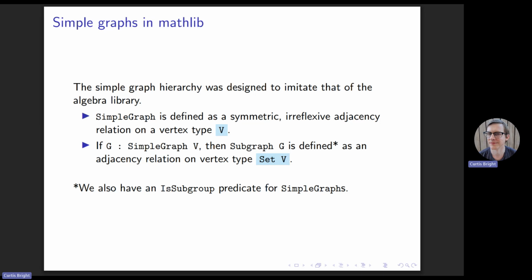with type set V. We also have an is subgraph predicate for simple graphs, but that doesn't really get used.